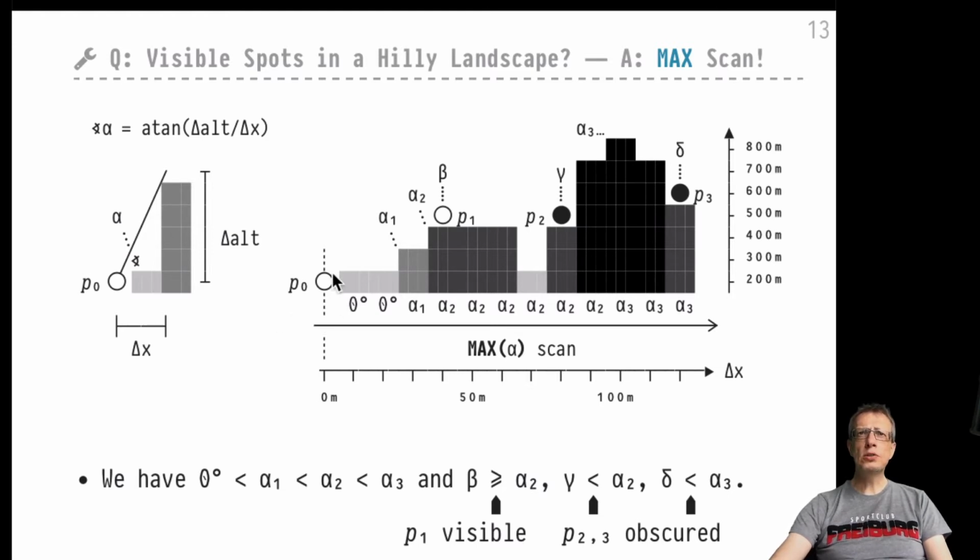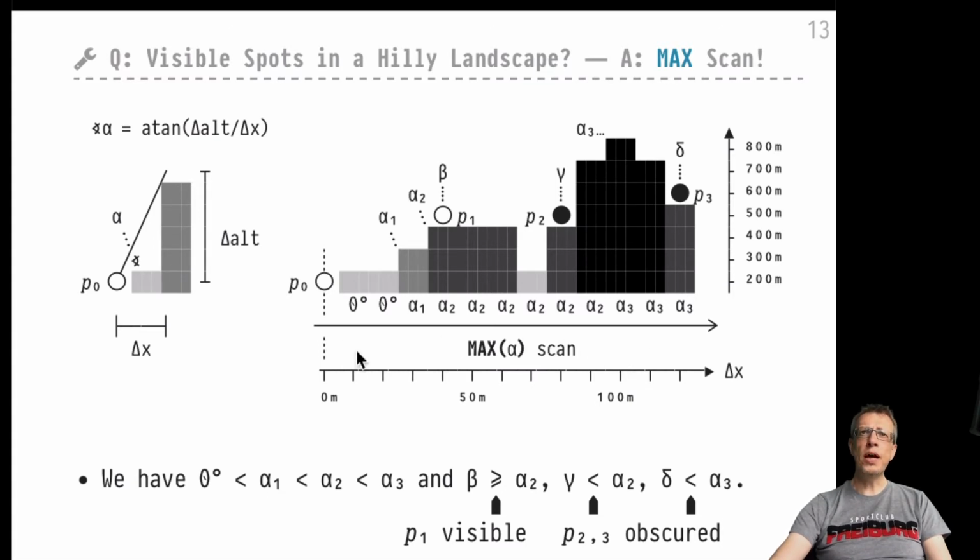We would just start here at our own position P0 and then move or march from left to right. So we would move in the direction of increasing distance, of increasing delta x values, if you will. We are ourselves at delta x 0, and as I told you, the peak is already at delta x 100. And we would move the computation from left to right.